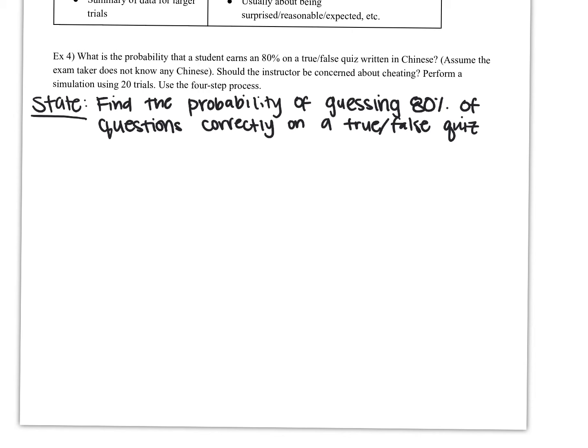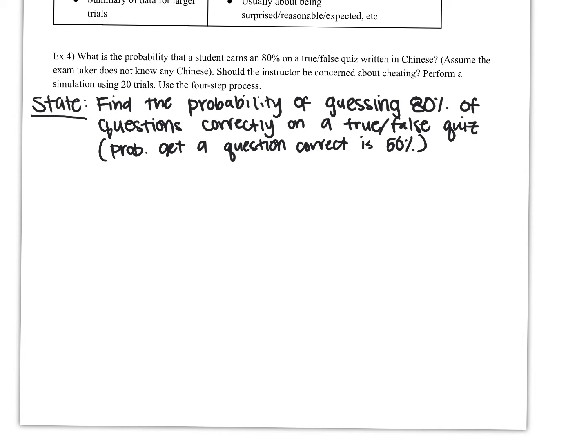Okay. So it is important to note here that the probability you get a question correct is 50%, because it's true, false, there's only 2 outcomes. So 50-50 shot. Okay.